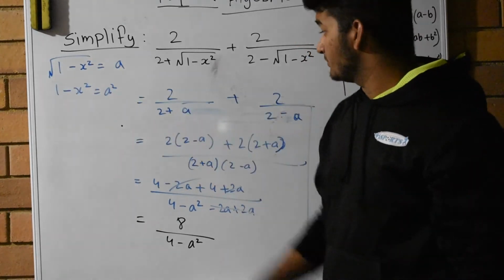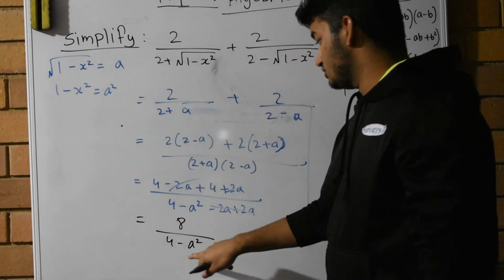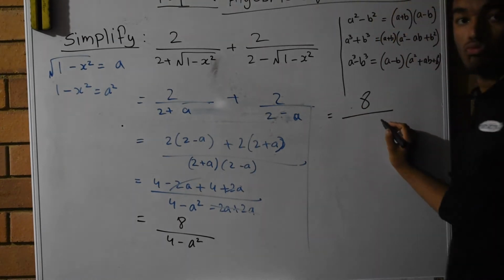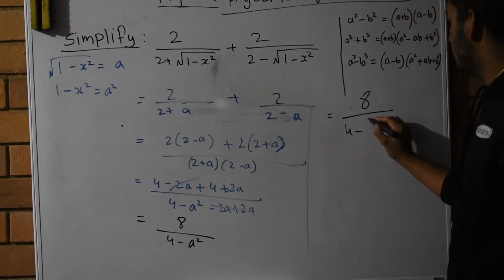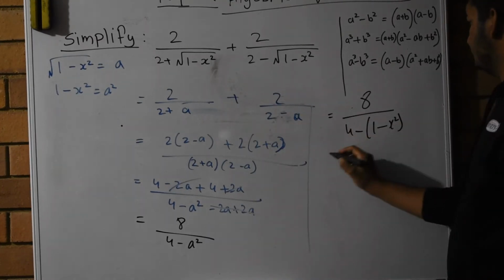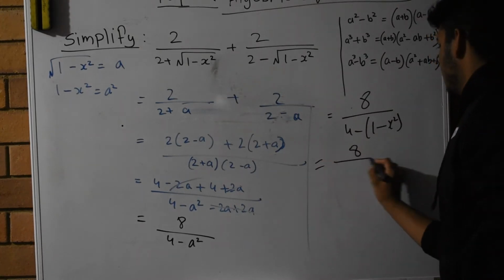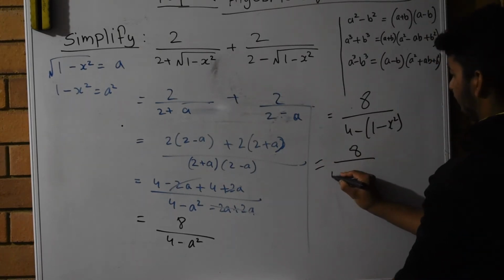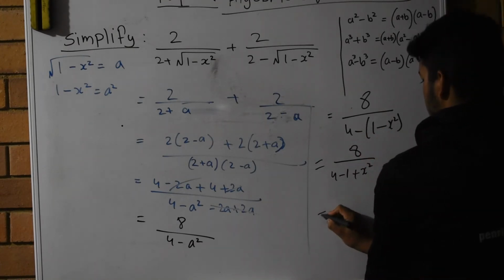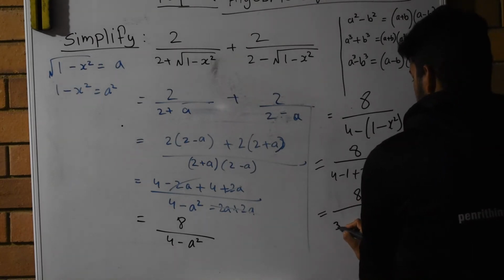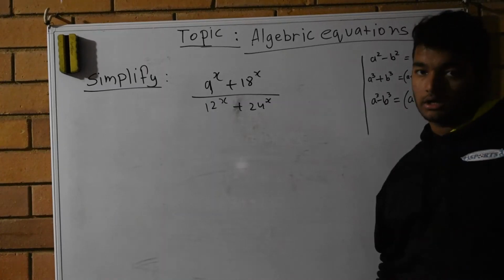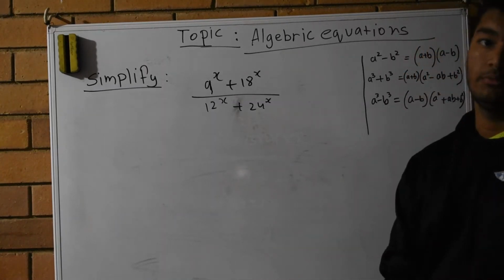So we just replace it here: 8 over 4 minus 1 minus x squared. Minus a minus makes plus, so 4 minus 1 plus x squared gives me 8 over 3 plus x squared. So that's the answer.